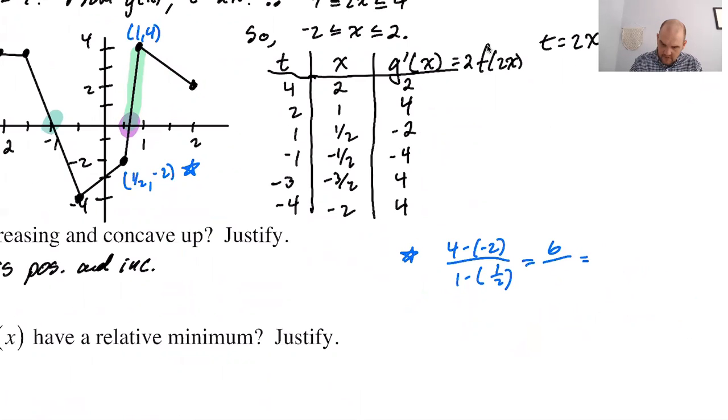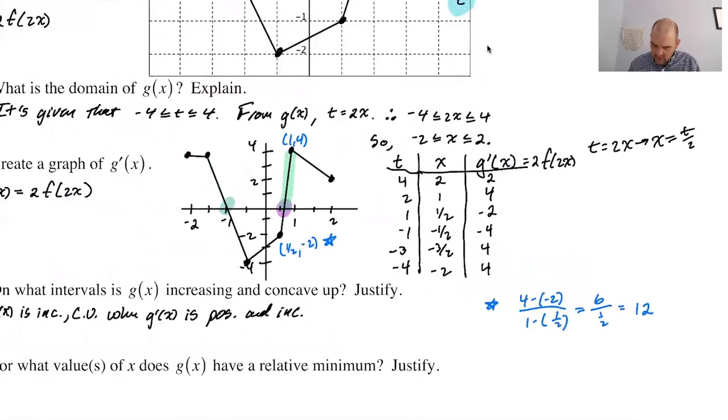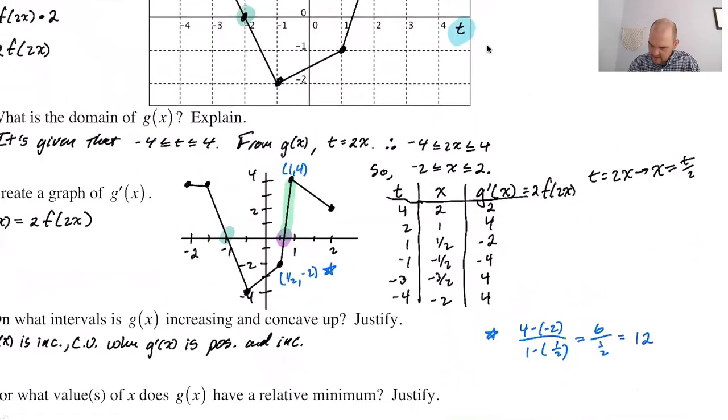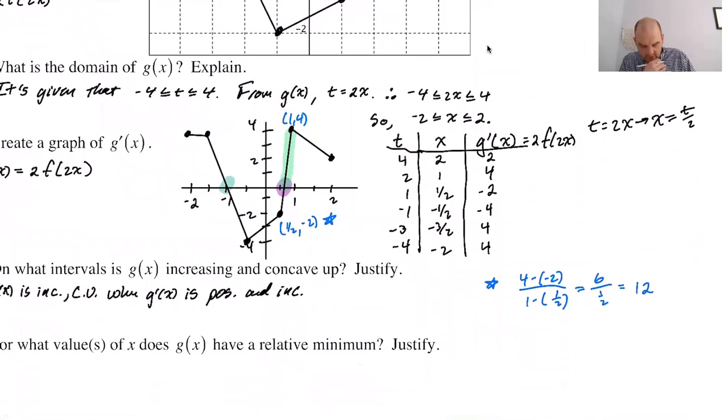All right, so this is 1/2. So I get 12, which is double what I was expecting. Why is that? It looks like 12 feels right. I mean, I go up 6 and over 1/2, so that's definitely 12.